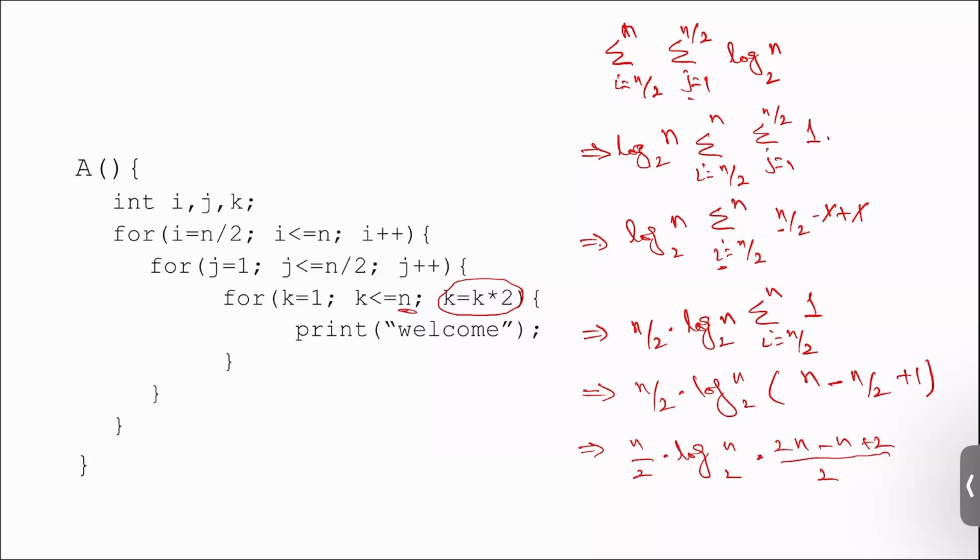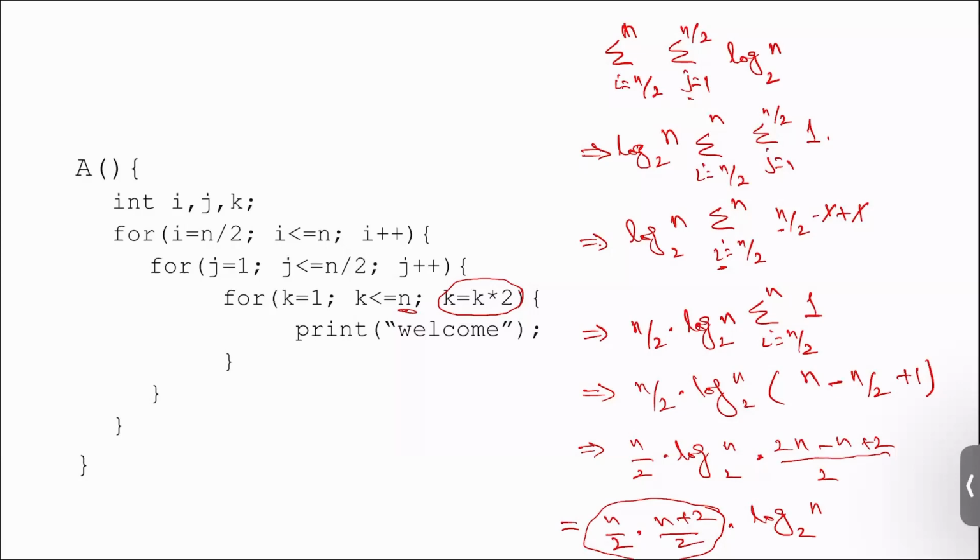Let me just rearrange it. It's going to be n by 2 into 2n minus n, which is n, plus 2 by 2, into log n base 2. So if you compute this, it's going to be something n squared plus something, right?